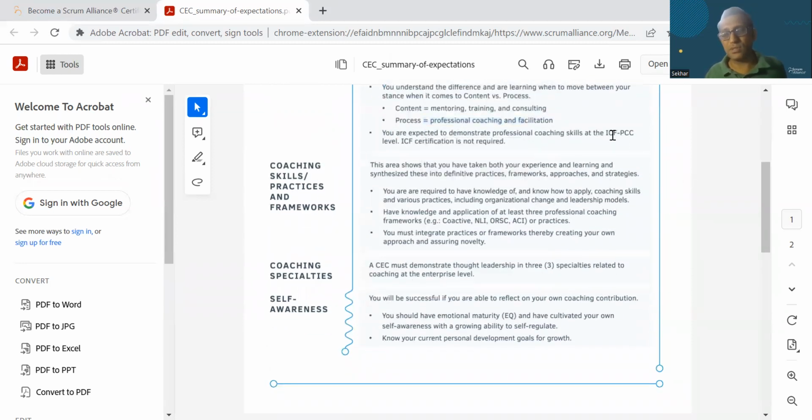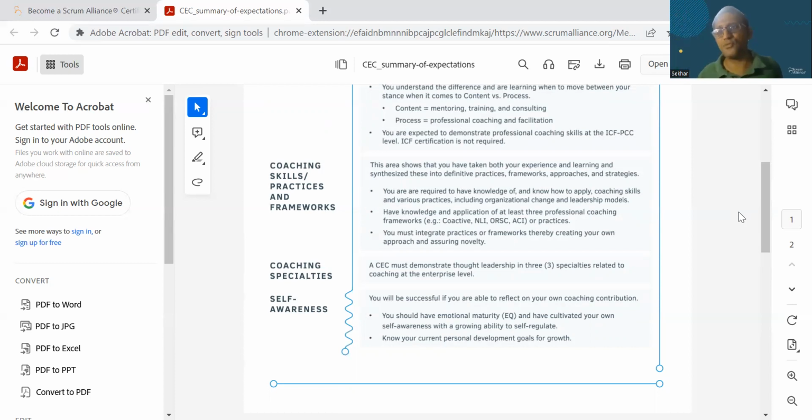One thing which is important is that the bar might be a little high here, but someone applying for CEC must demonstrate professional coaching skills to the level of PCC, Professional Certified Coach, from the International Coach Federation. However, the certification is not required, but the coaching competencies described by ICF PCC are.